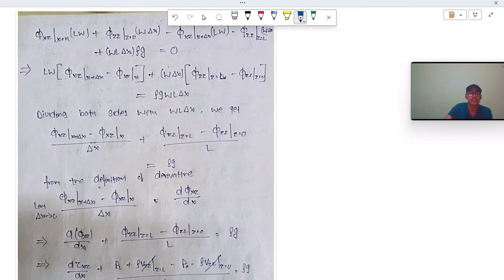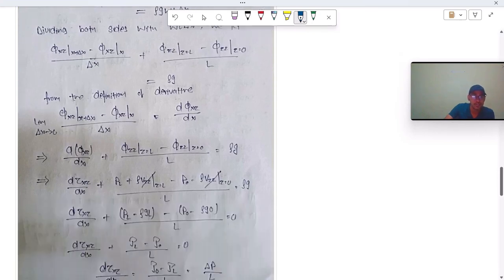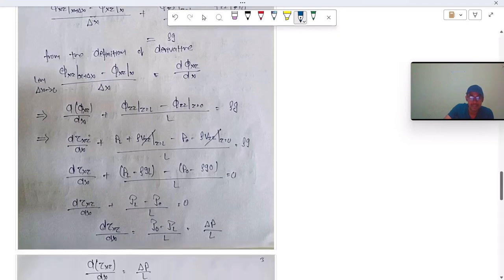So now from the definition of the derivative, we try to reduce this expression to this form. We know that from the definition of the derivative, d upon dx of phi xz is written in this form. So now we will put this value in this, that is d upon dx of phi xz plus phi zz at z is equal to L minus phi zz at z is equal to 0, by L, is equal to this.